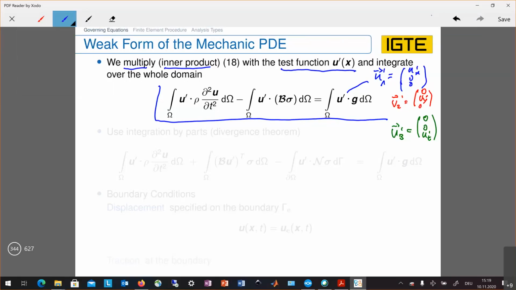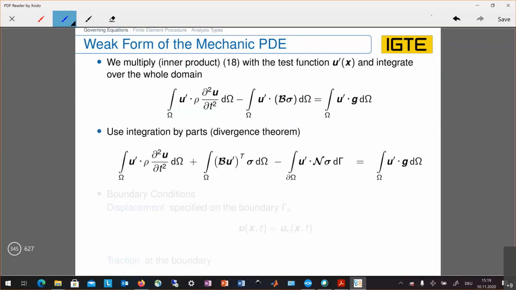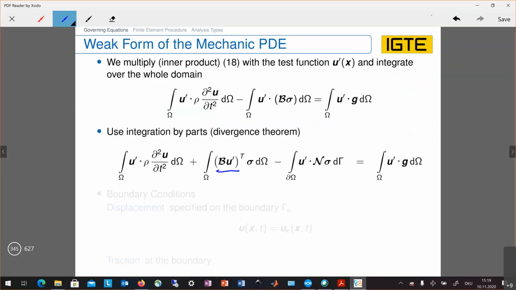As we know, when we substitute our mechanical stresses by the constitutive law, by the mechanical strains, and then the mechanical strains by the mechanical displacement, we have a second order spatial derivative. So it makes sense to do an integration by parts. And that means that now we have the P operator operating on our test function.